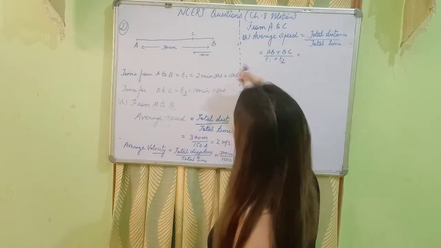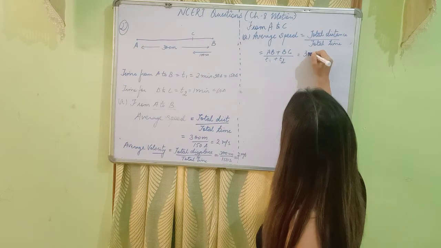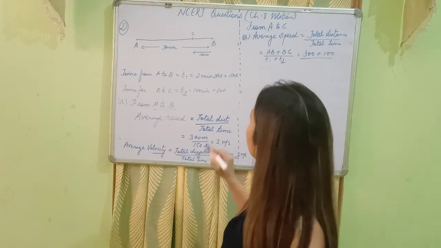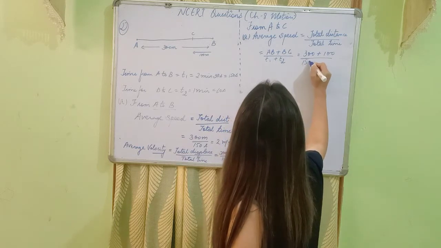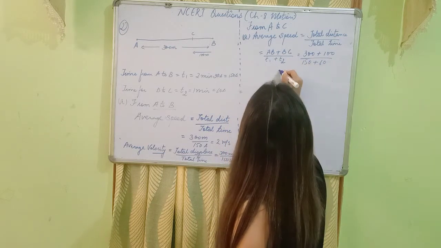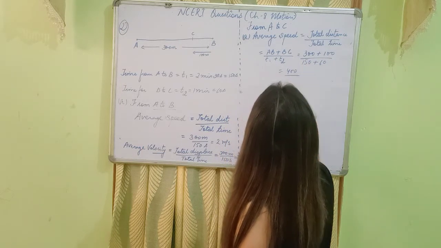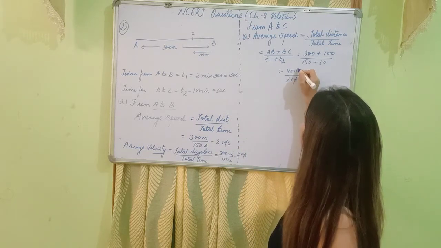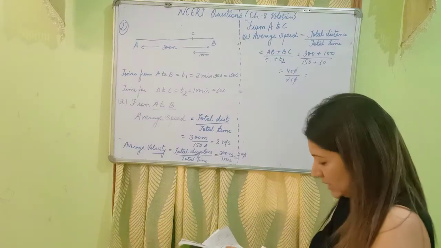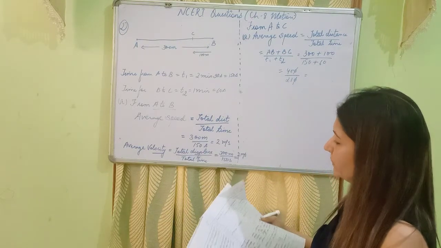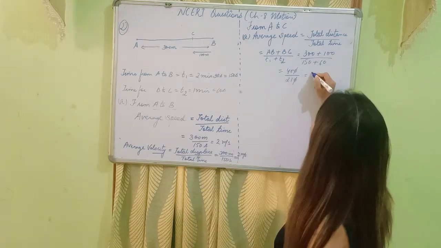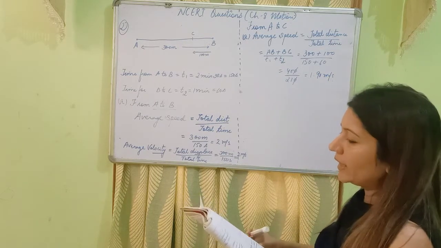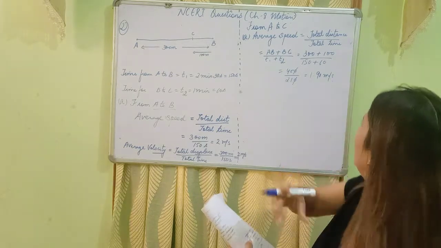So AB is 300 plus BC is 100, by T1 plus T2, 150 plus 60. This would come out to be 400 by 210. We cancel the zeros, and the answer will come out to be 1.90 meters per second.